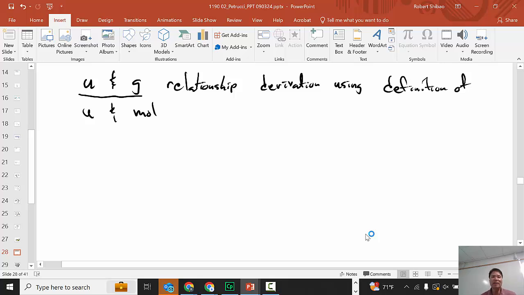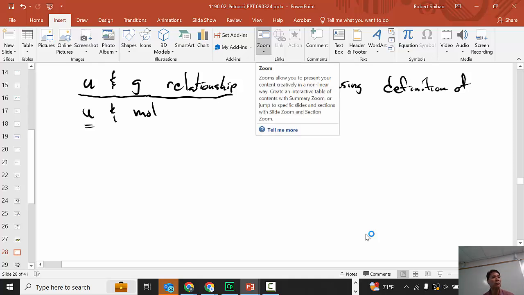So we're going to derive the relationship. And we need the definition of the U. How is the U defined? Is there something that weighs exactly 1 U?